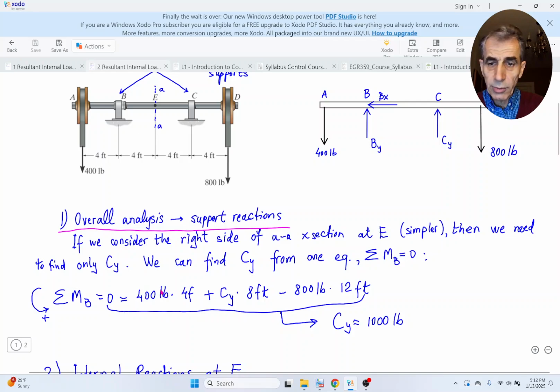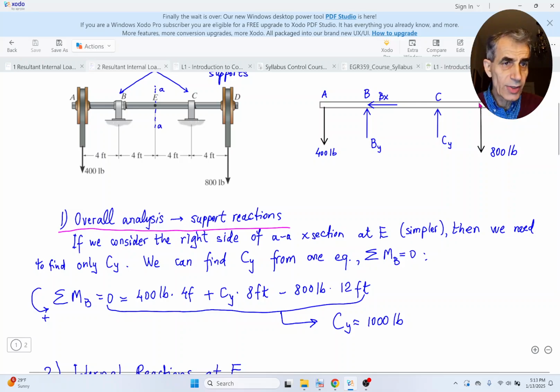So that will be positive 400 pounds times 4 feet there. And then we have the Cy also, although it's pushing upward, it rotates the beam around this point B in a counterclockwise direction again. So that will also be positive, and this time we have 8 feet as the arm there.